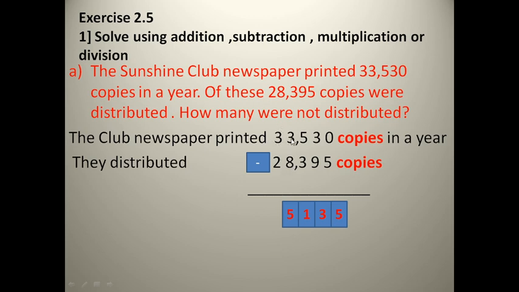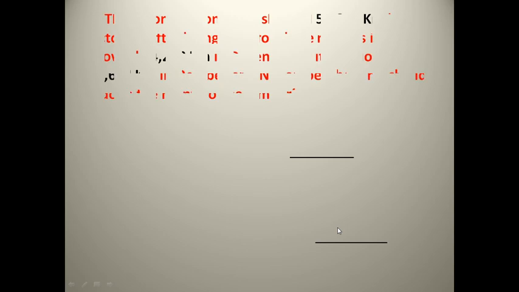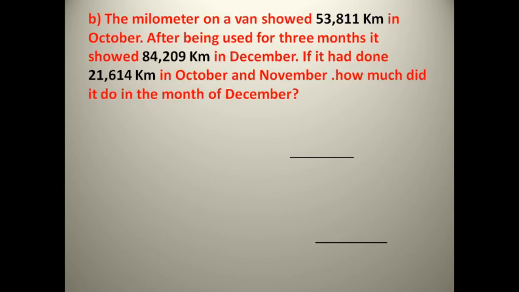Now we take 8 from 13, it will be 5, and 2 minus 2 is 0. So the number of newspapers not distributed is 5,135 copies.